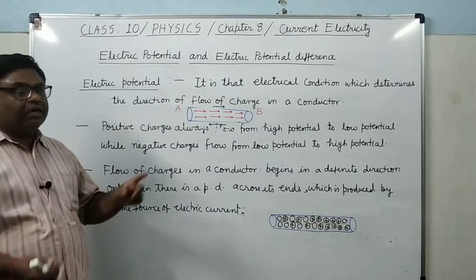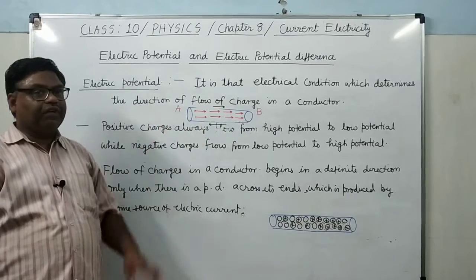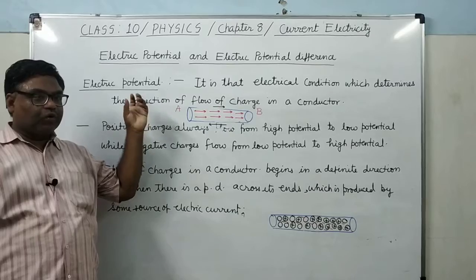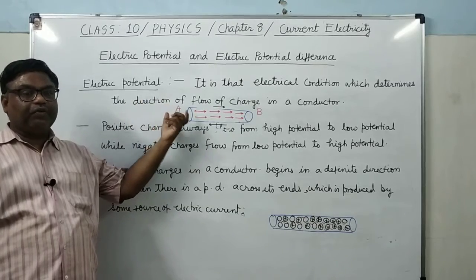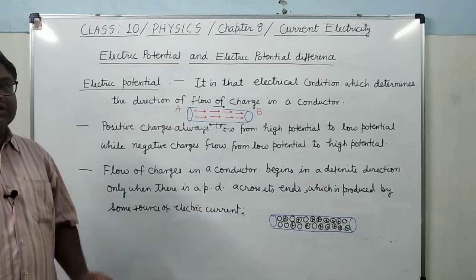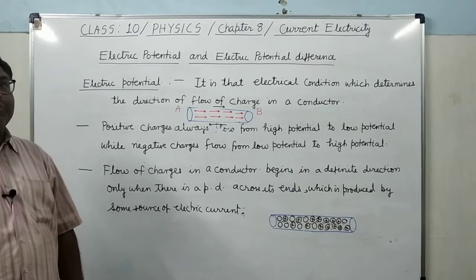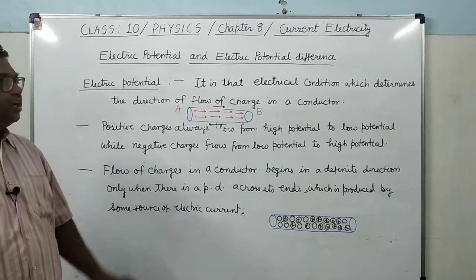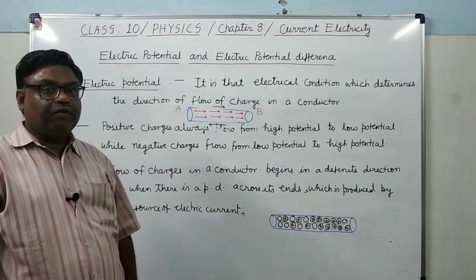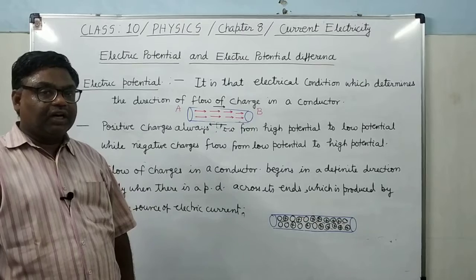These free electrons will start moving in a definite direction, and current will be produced in the conductor.